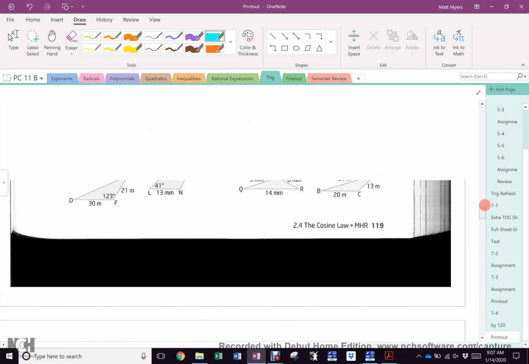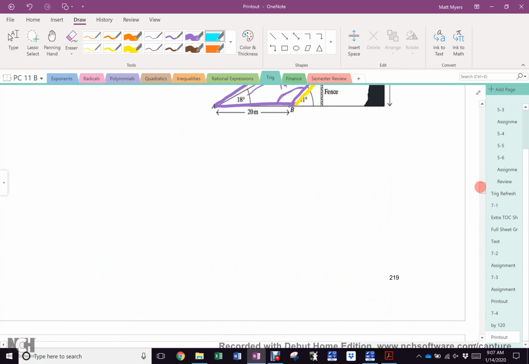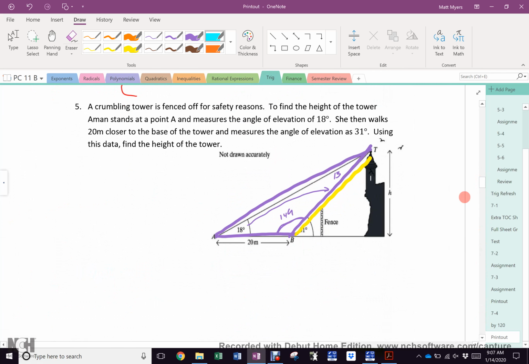Let's finish this guy up. What am I doing in purple? 13 over sine 20 equals what? 18 over sine A, right?